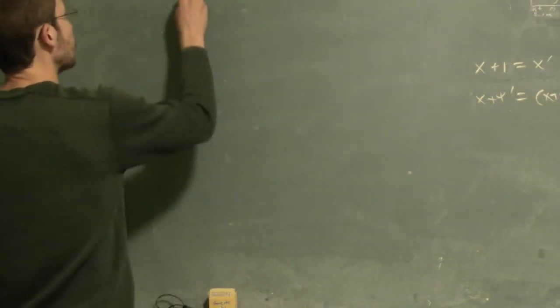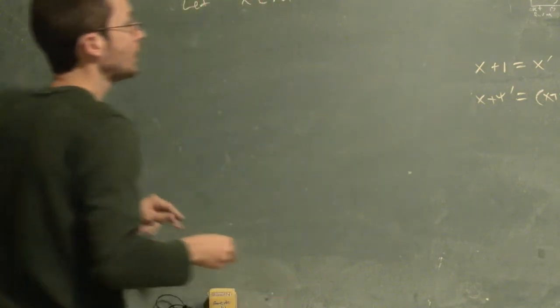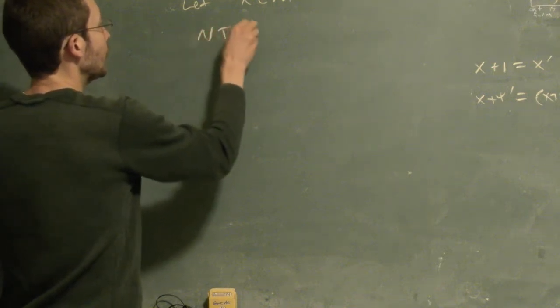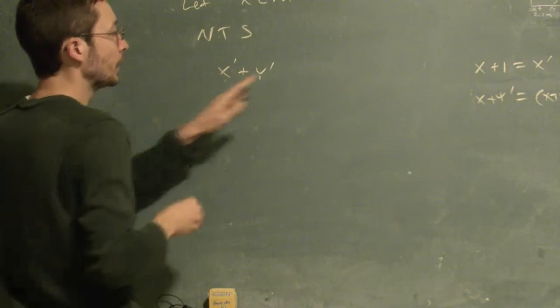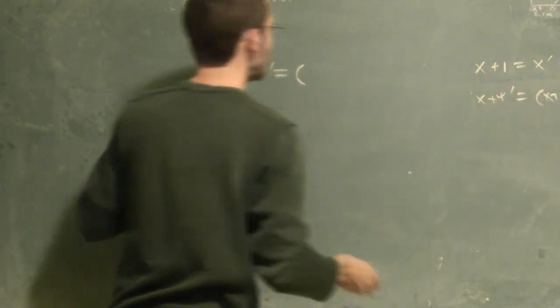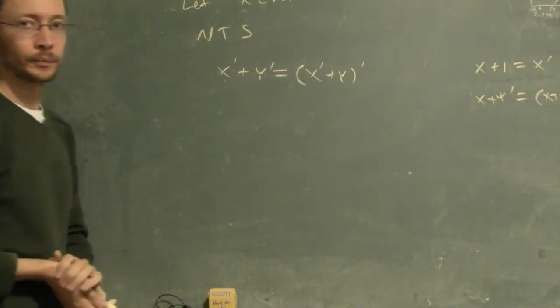So let me just write all that down. We're going to let x be in m, so we know it satisfies these properties. And we need to show that x successor plus y successor can be rewritten with the successor on the outside. Okay.